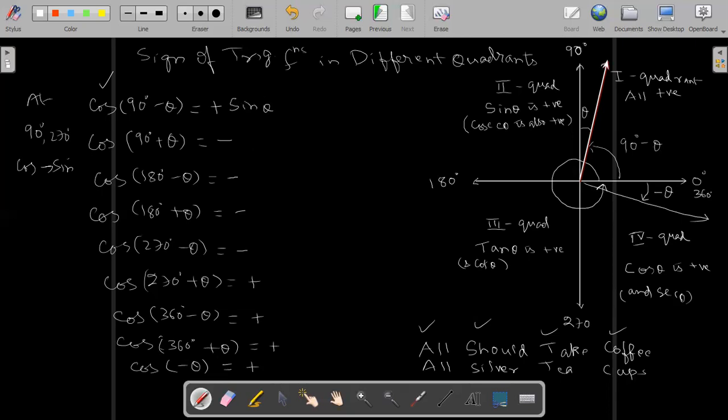Cos 180 minus theta remains cos theta. At 270 degree, cos becomes sine theta, and sine becomes cos theta.